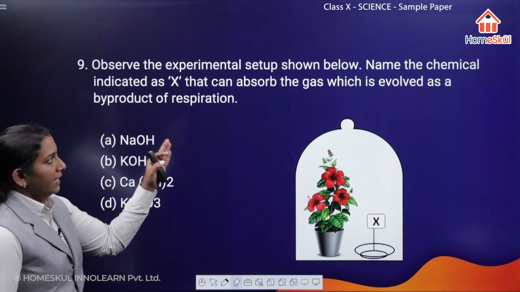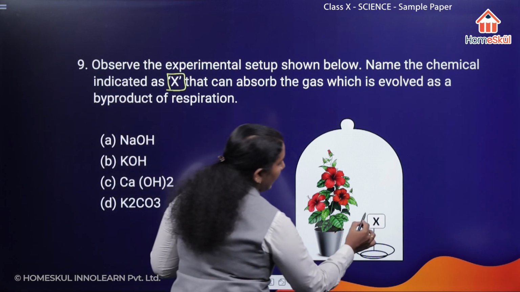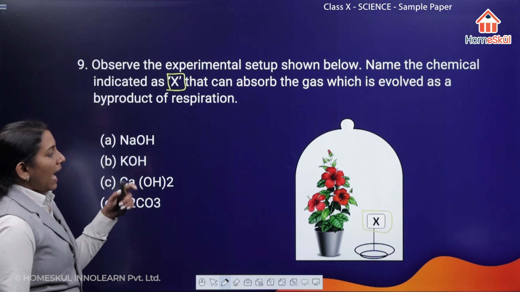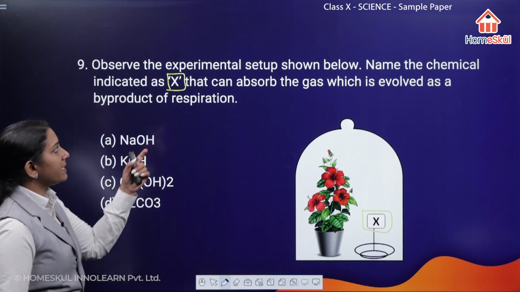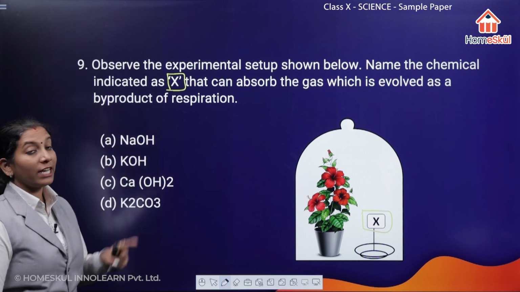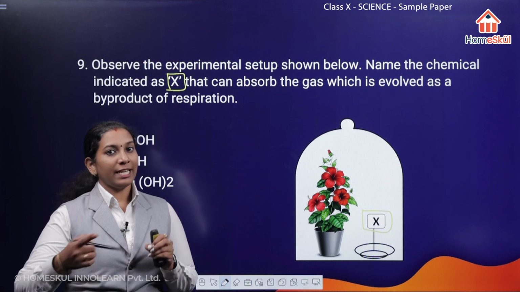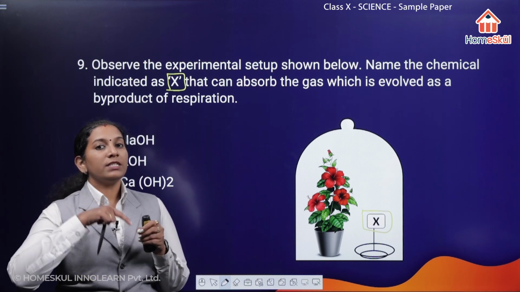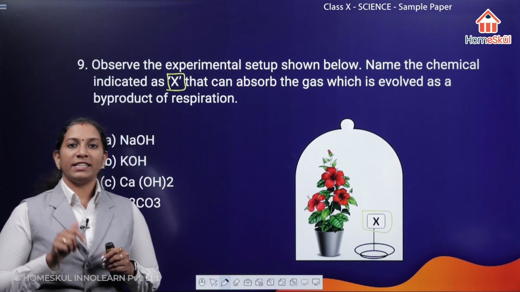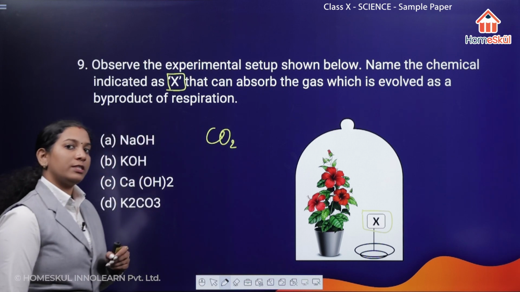So the question is, name the chemical indicated as X. Okay, so you have to name this chemical indicated in the figure as X, and the peculiarity of that chemical is that it can absorb the gas which is evolved as a byproduct of respiration. Okay, so as the process of respiration takes place, what is the gas which is released as a byproduct of respiration? Which is the gas? Yes, it is carbon dioxide. Okay, CO2 is the byproduct of respiration.